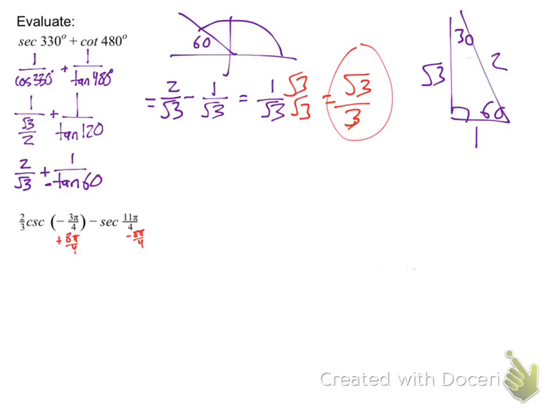On these ones, guys, it's negative 3 pi over 4 plus 8 pi over 4. What are you left with? I'm left with 5 pi over 4 minus secant of what? 11 pi over 4 minus 8 pi over 4.